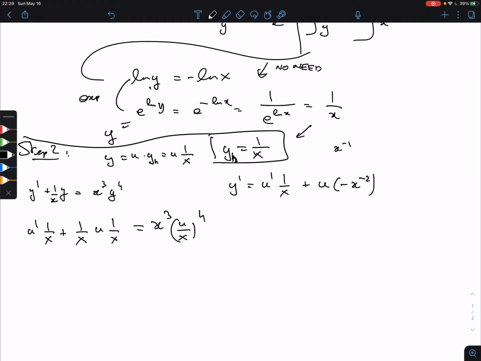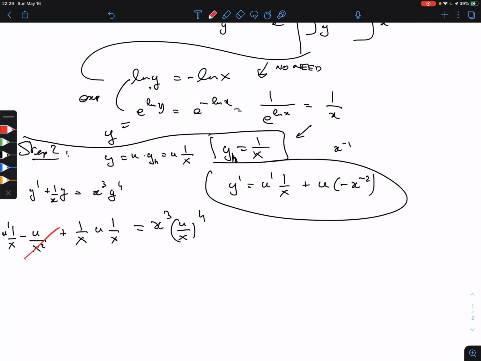So I forgot to copy something. Oh, sorry. So this here, let me do y prime, it's two terms, right? So it's u prime 1 over x minus u over x squared. Let's put it also in the denominator. Oh, that is much better news, because now I see that these two terms cancel. As I said, something has to cancel, because in general we need a left-hand side and a right-hand side, okay?